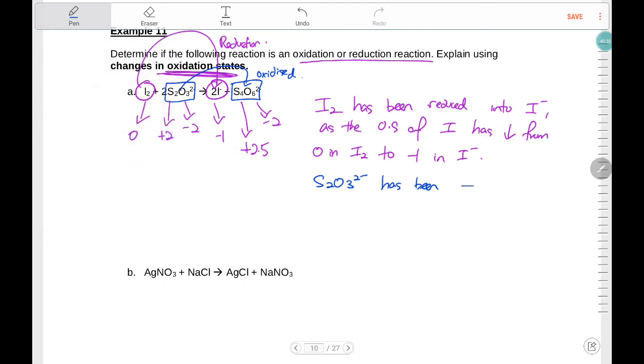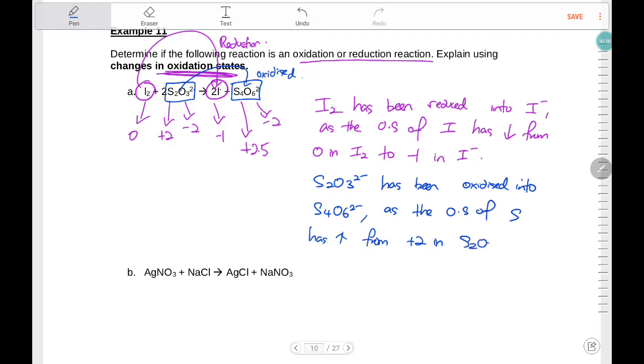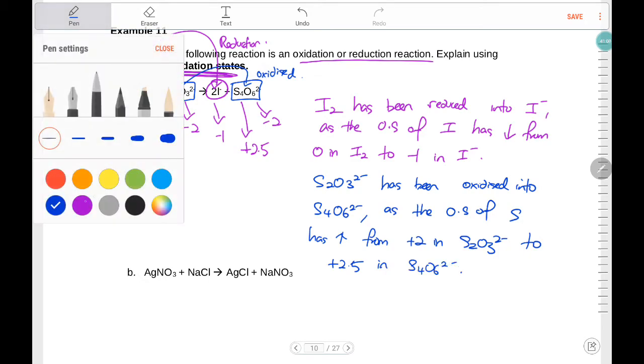While S2O32 minus has been oxidized into S4O62 minus as the oxidation state of S has increased from +2 in S2O32 minus to +2.5 in S4O62 minus.